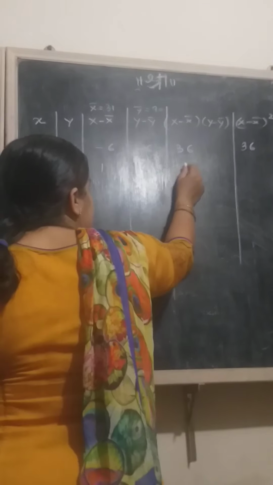And x minus x bar square comes out to be 1. So likewise, I will complete this table of x minus x bar, y minus y bar, the multiplication of these two and x minus x bar square for all the remaining observations. Right?